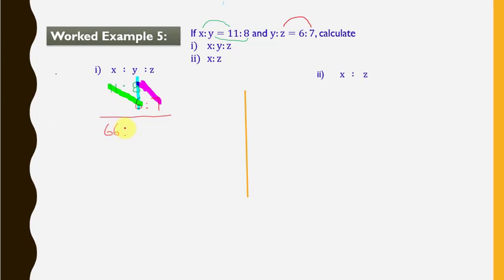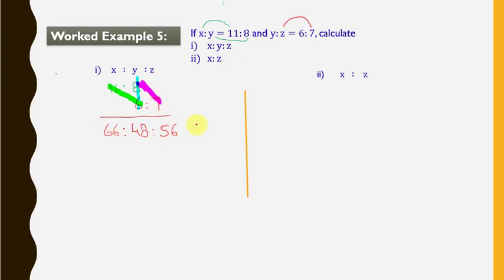Then put the ratio sign, and 8 into 6, 48. I will write 48 over here. This is my y actually, and 8 multiplied by 7, 8 into 7, that is 56, and this is my z actually.